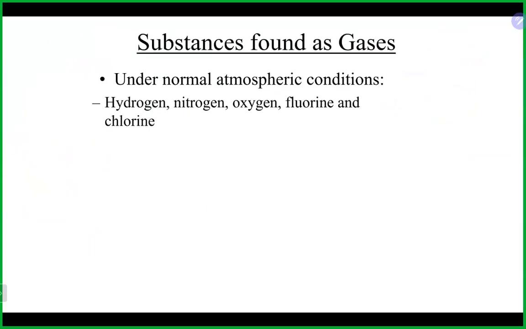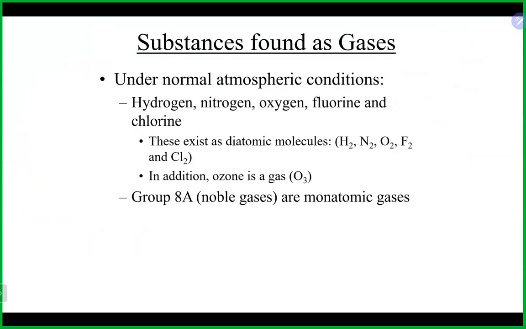So what are some substances that under normal conditions are found as gases? We have our diatomic elements like hydrogen, nitrogen, oxygen, fluorine, and chlorine. Those are all gases. They are all diatomic molecules. Again, they come as twos. Ozone is a gas.